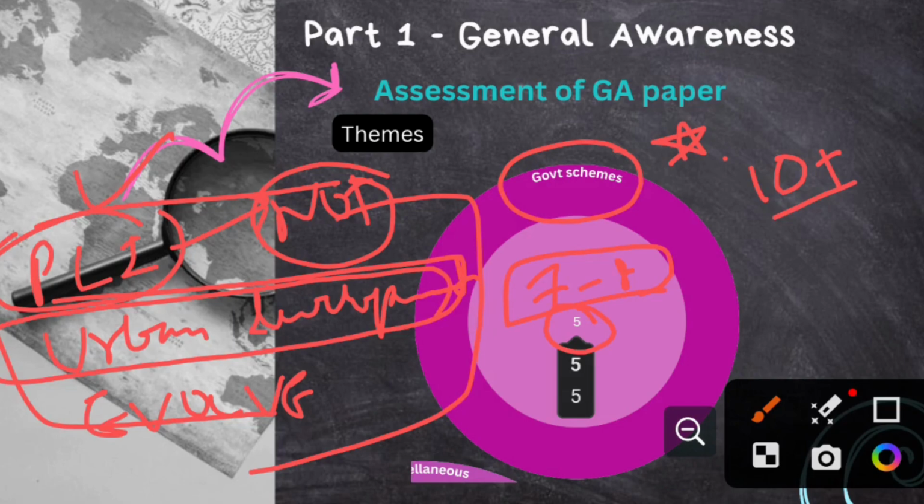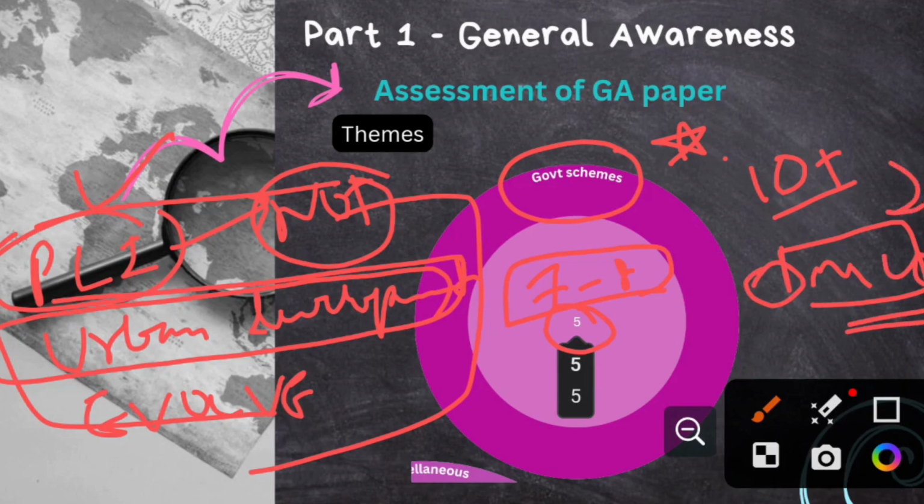Then again, this was slightly understanding based, because by seeing the options, if you have a general idea of those schemes, you can find the answer. The question was basically which of the following schemes are there for urban transformation and launched on a date. I think it was 25th June 2015, something of that sort.